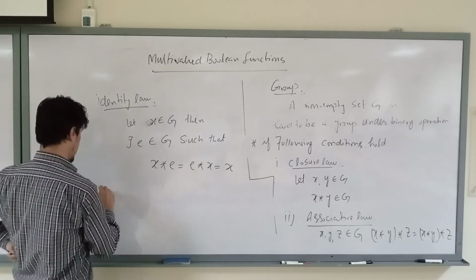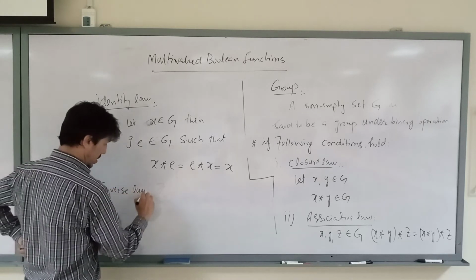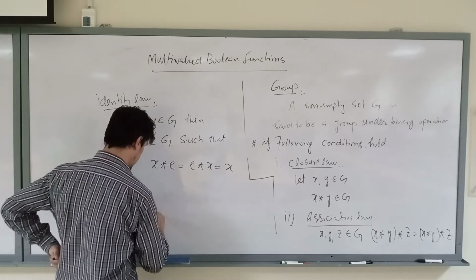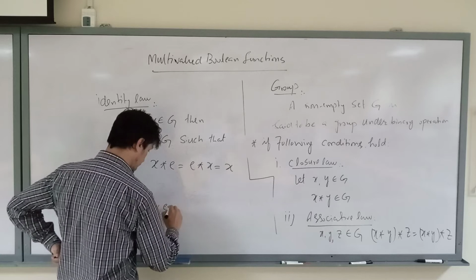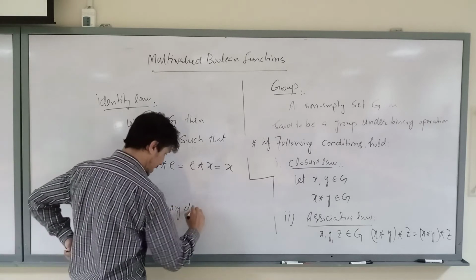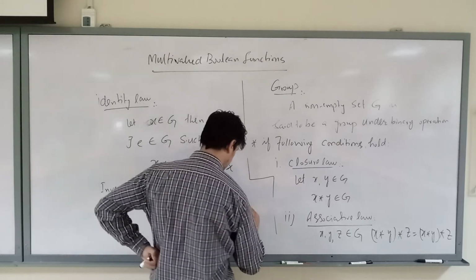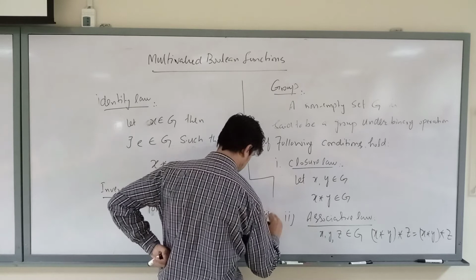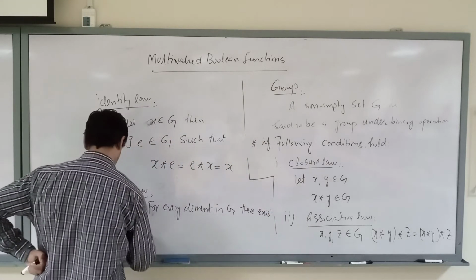Then inverse law: for every element in G, there exists an inverse.